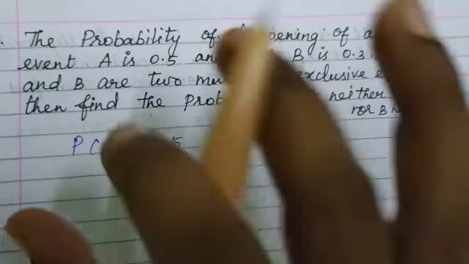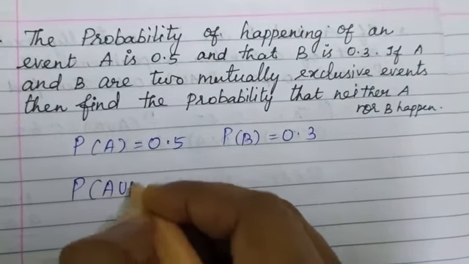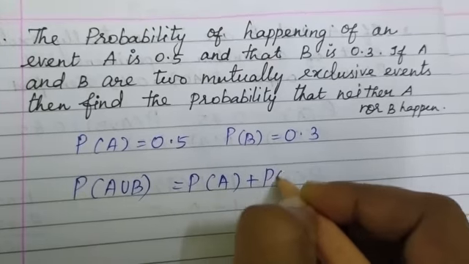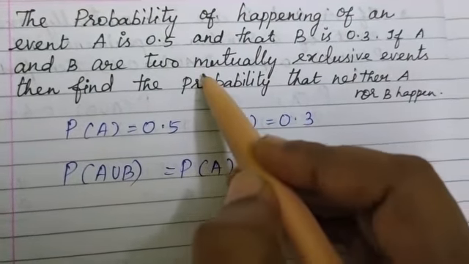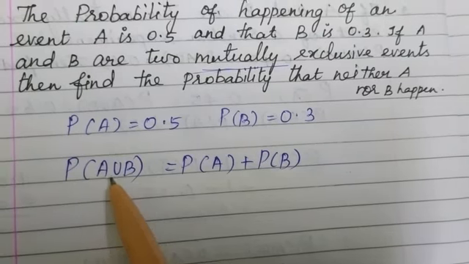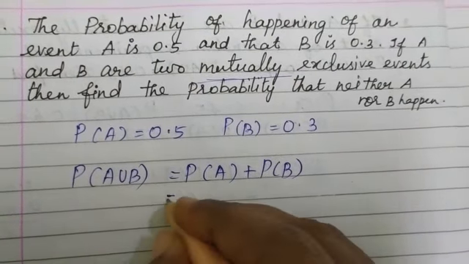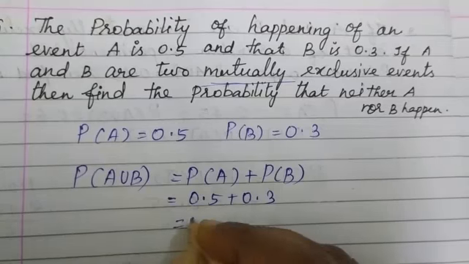So first we find A union B. P of A union B is equal to P of A plus P of B. This is not coming with minus P of A intersection B because these are mutually exclusive events. So the formula is P of A union B is equal to P of A plus P of B only. So 0.5 plus 0.3, so 0.8.